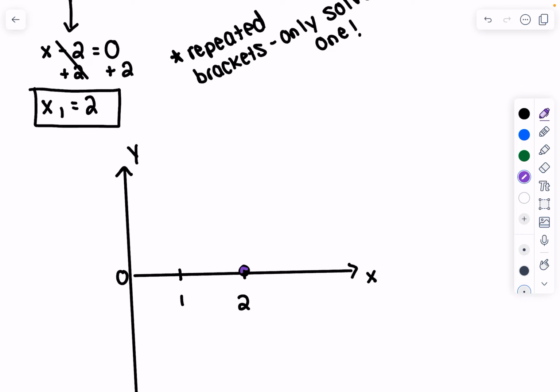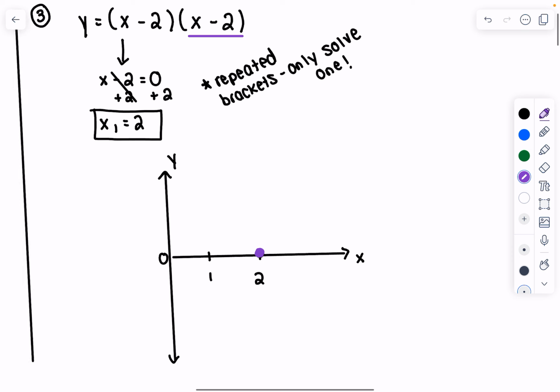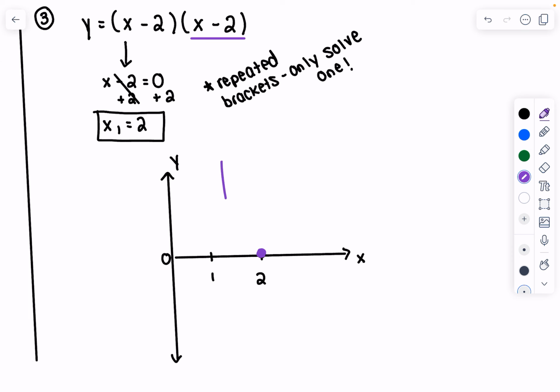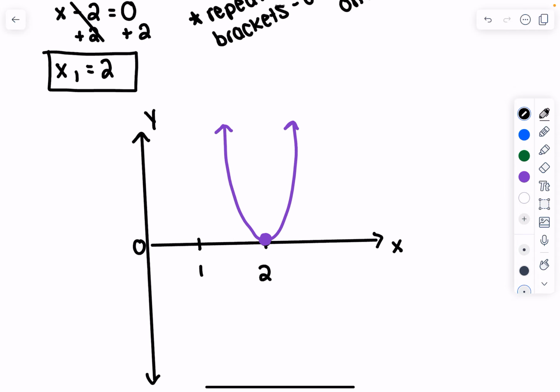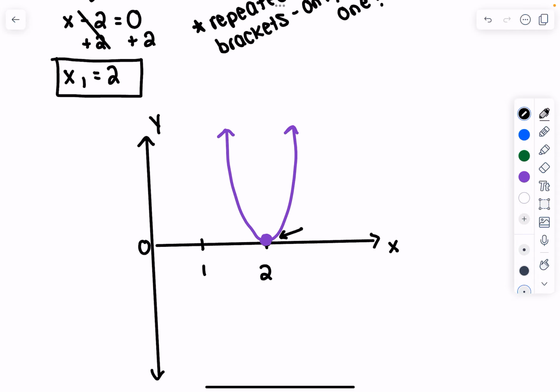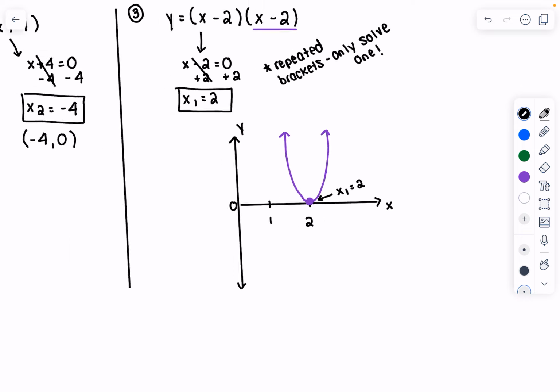And I'll just use a different color just so you can see it better. It is going upwards. It looks something like this. So notice that it's sitting right on the x-axis right here. So this would be a case where you just have one x-intercept.